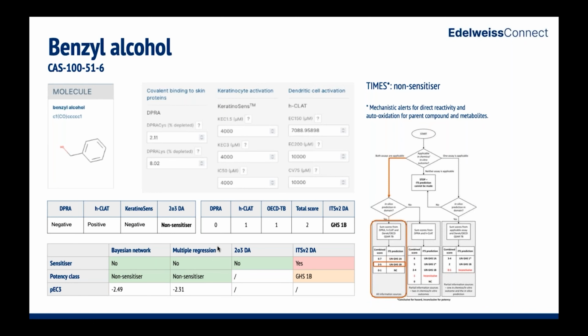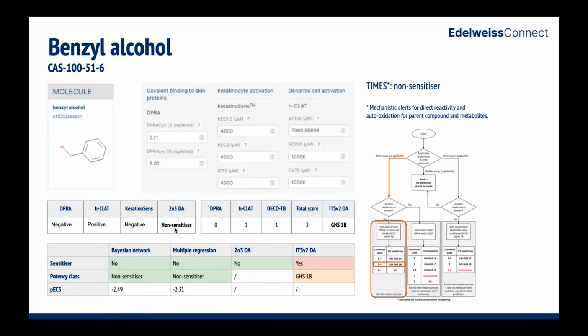Next example is benzyl alcohol, and it is also quite interesting because within the guideline, 2 defined approaches predict differently for benzyl alcohol. DPRA was negative. The result for HCLAT was positive, and the result for keratosense was negative.